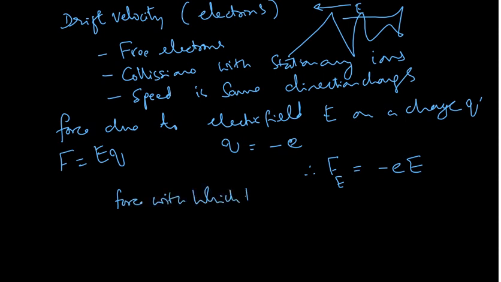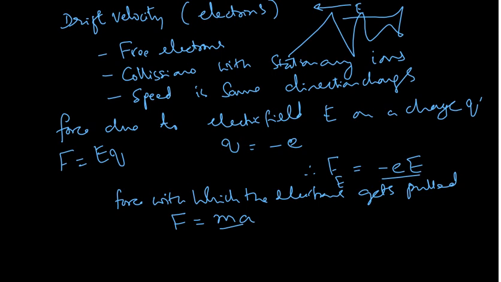The force with which the electron gets pulled is given by, because it's moving, F is equal to ma, Newton's second law. Got it, right? Therefore you equate this force and the other force.